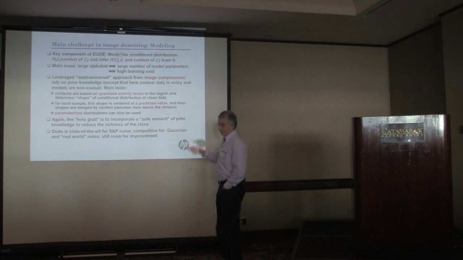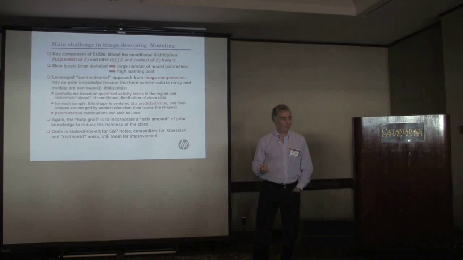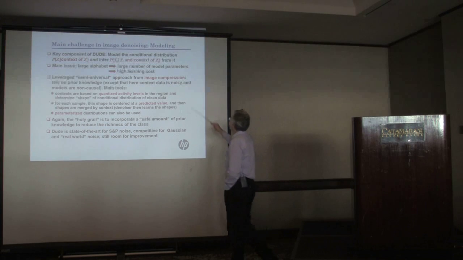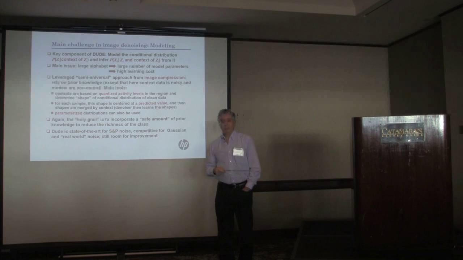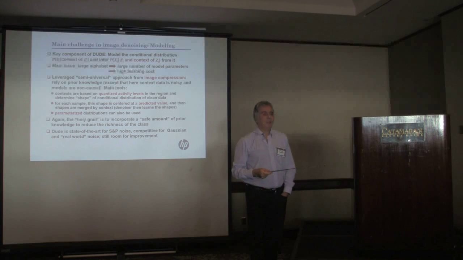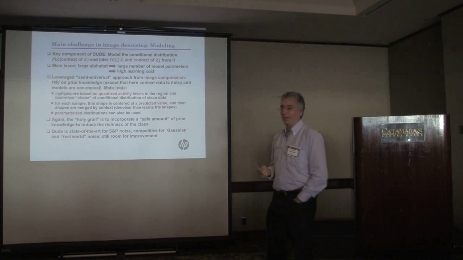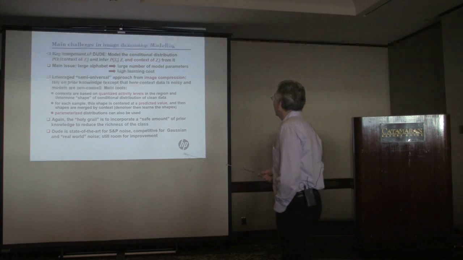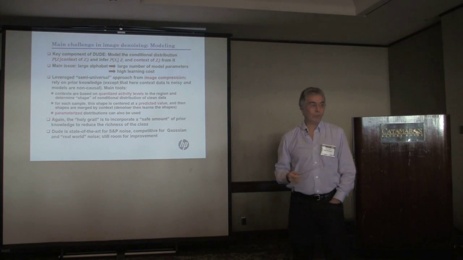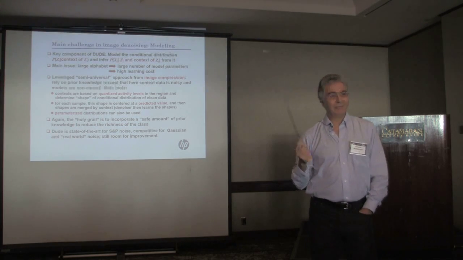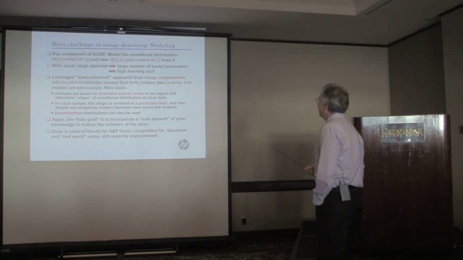So first of all, in image compression, you usually have a large alphabet, so you have many parameters. So there is a large number of parameters, therefore there is a high learning cost. So what we did is we leveraged the same semi-universal approach from image compression: rely on prior models, on prior knowledge, and don't learn what you already know, which is the premise that I used in image compression.